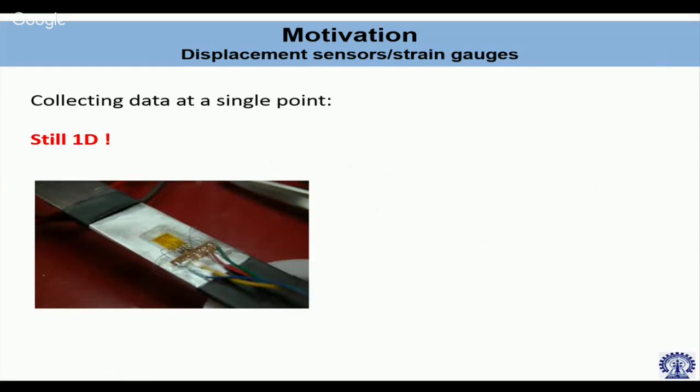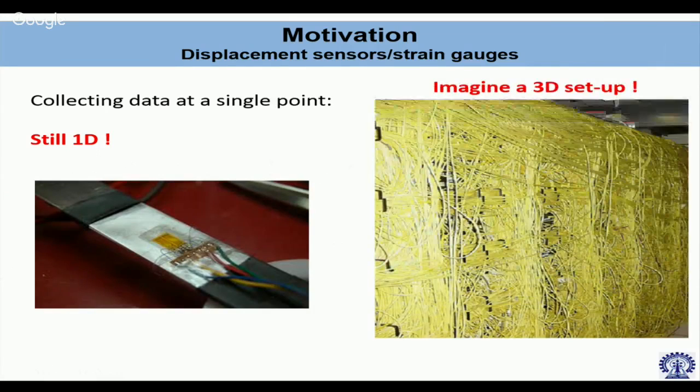Now, before we move on to the details of full field measurement, you can see here a strain gauge being mounted on a specimen, and it is still a 1D, one-dimensional measurement.